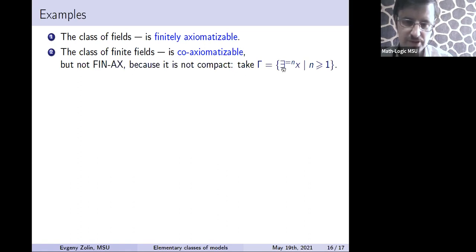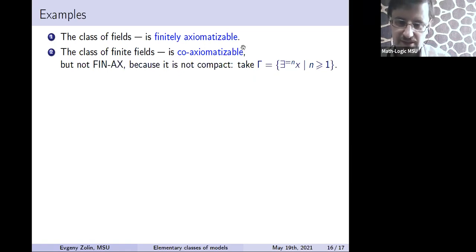Consider these formulas: there exist exactly n elements. Every finite subset of these formulas is satisfiable in some finite field. We must have at least n, not exactly n, of course, at least n.